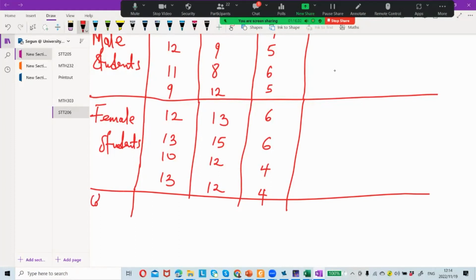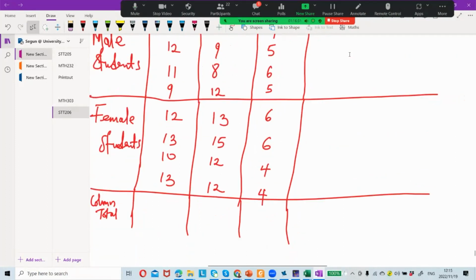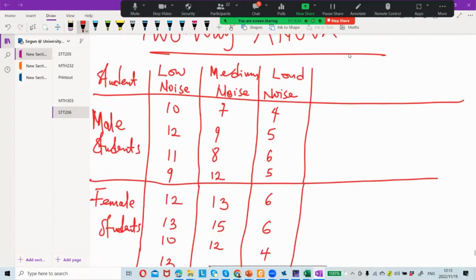So let's look at the column total. So we have low. So this is what you do for me to make it faster.